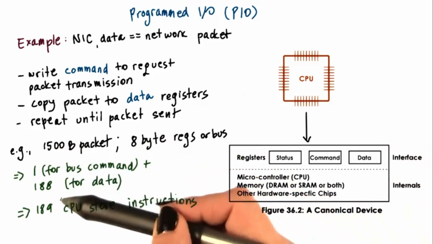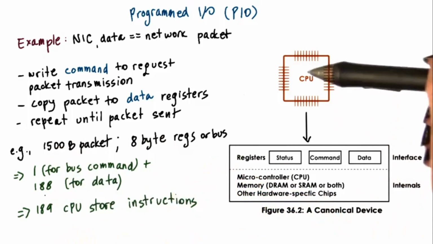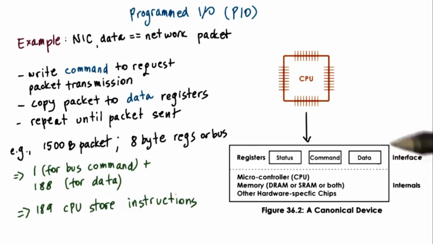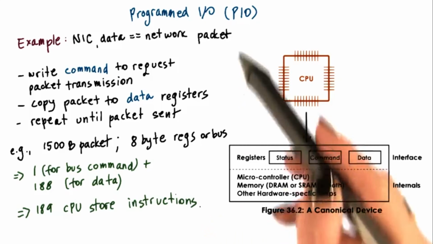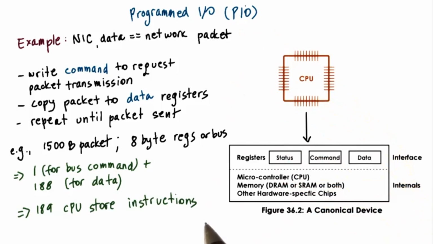In total, there will be 189 CPU accesses to the device-specific registers, and we said that these look like CPU store instructions. This gives us some idea about the cost associated with programmed I/O. Let's now look at the alternative.